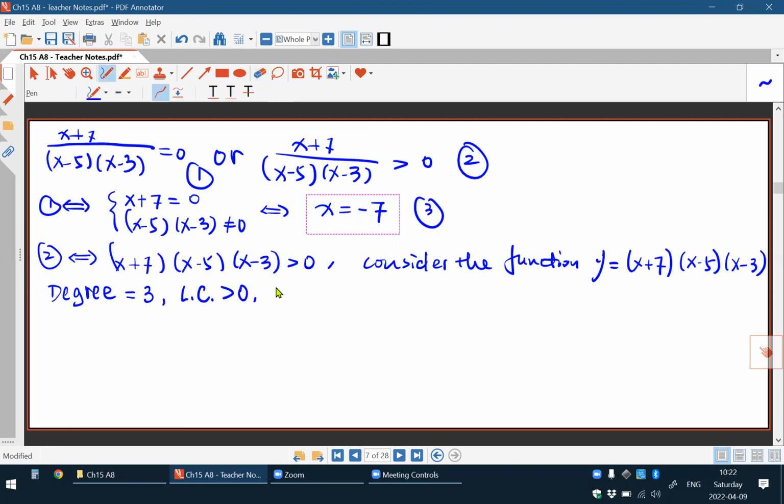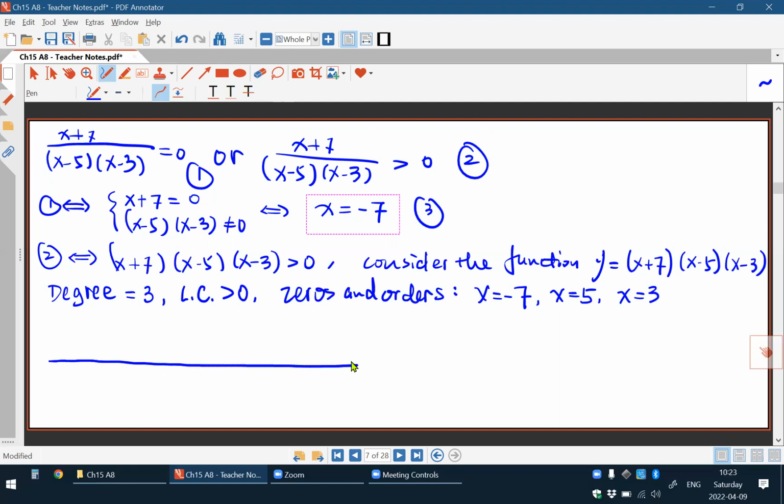And then let's find its zeros and orders. First of all, x can be -7. Next, x can also be 5, and x can also be 3. And each of the zeros has order 1. Order 1 is an odd number.